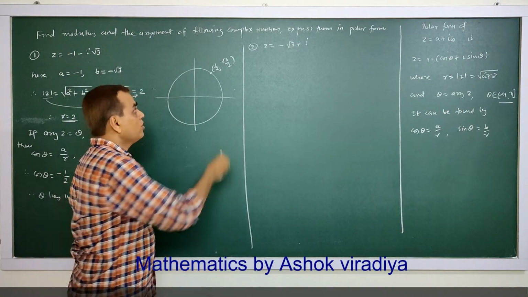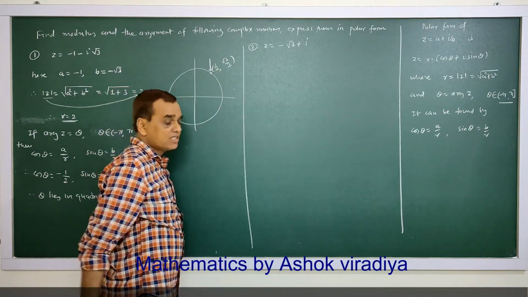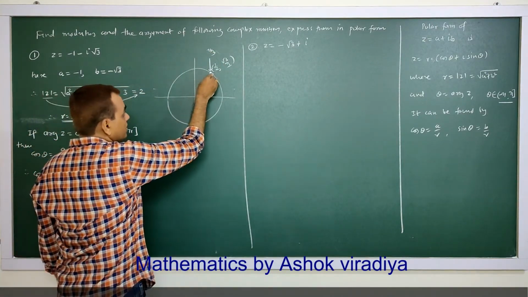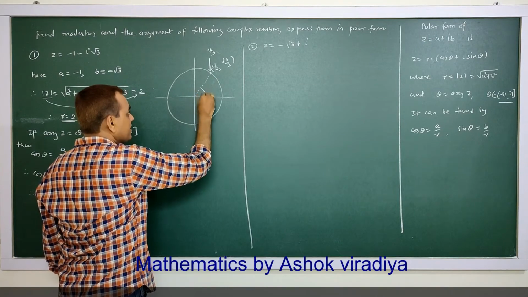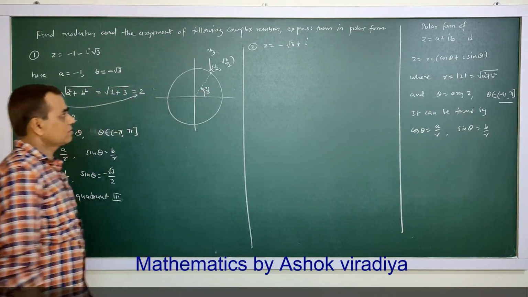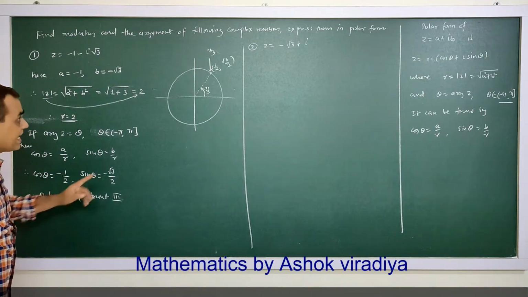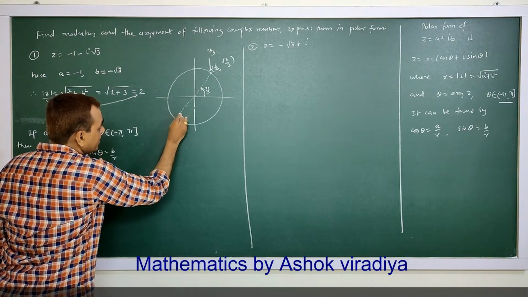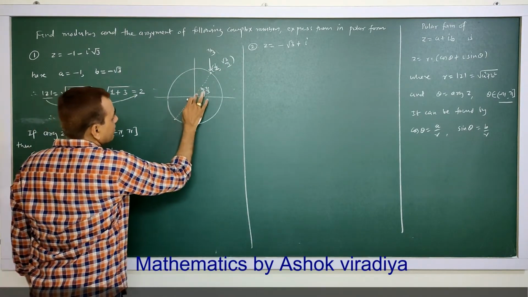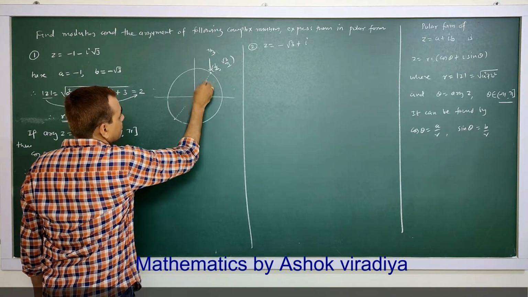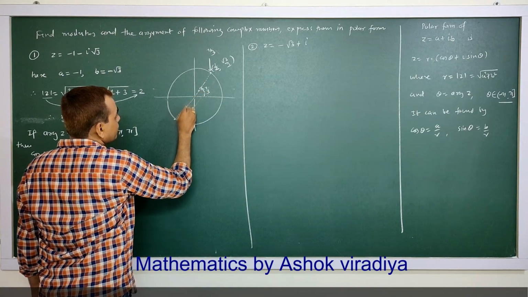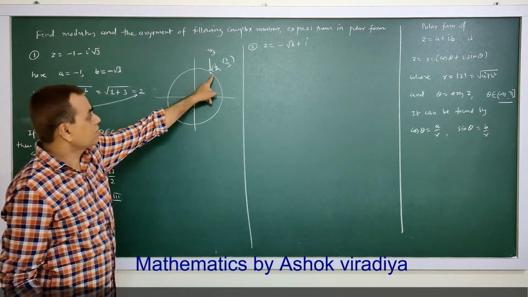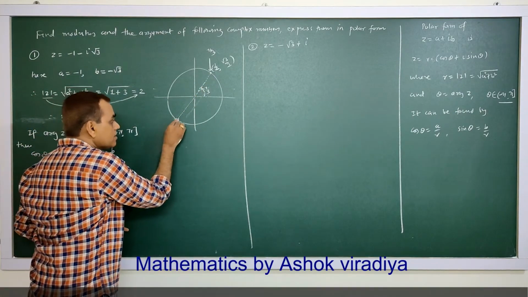Then obviously you know theta corresponding to this point is pi by 3. But here both are negative, so the point will be exactly on the opposite side, opposite to the point in the first quadrant.